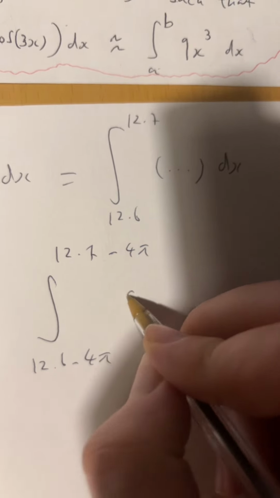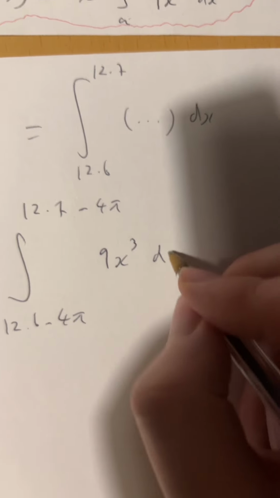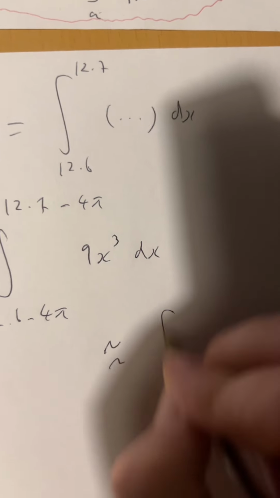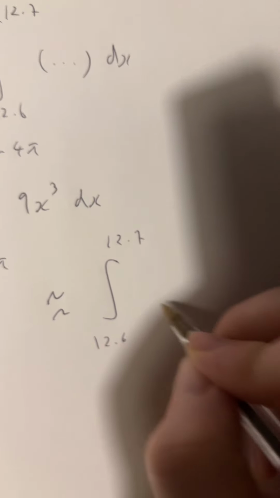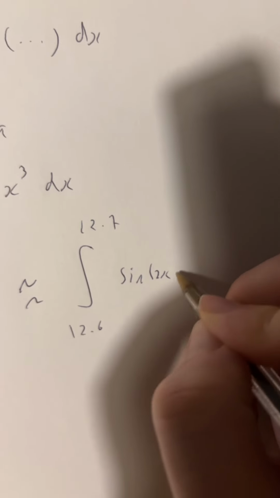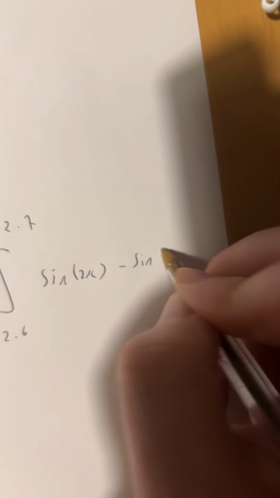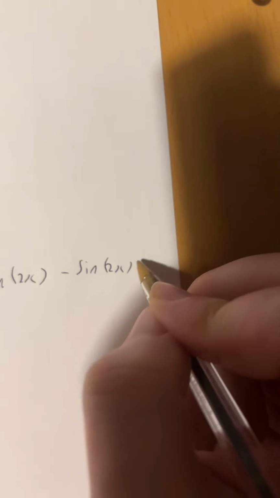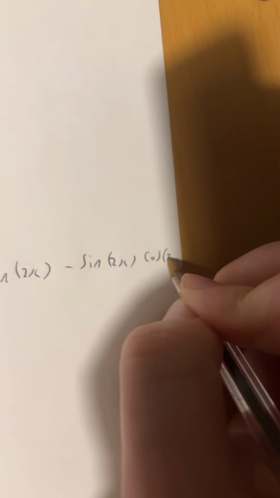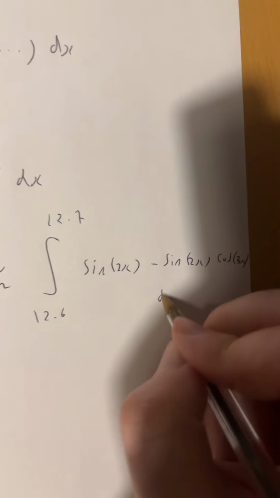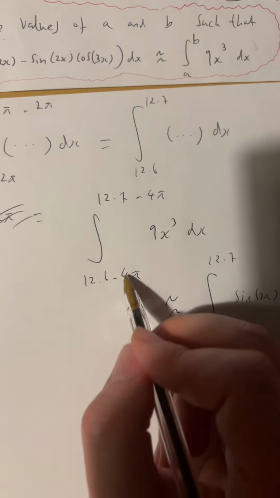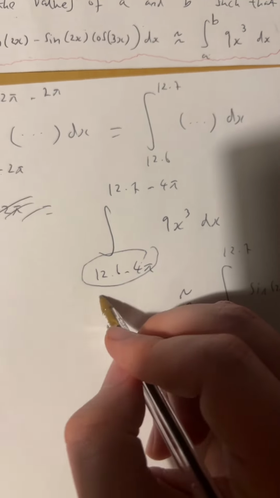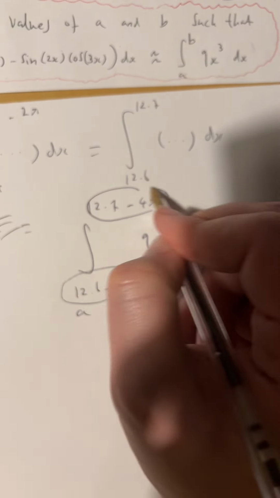That integral of this 9x cubed is going to be approximately the same as the original trig integral, right? So this sine 2x take away sine 2x, going to run out of room here, but this integral here that we saw before, dx. So yeah, your final answer for A is this. That is your A there, and that there is your B.